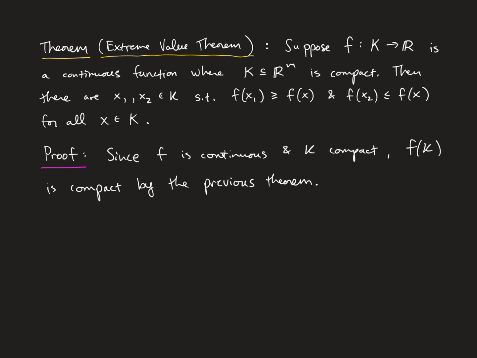Since f of K is compact, what that means in particular is that f of K is bounded, right? f of K can't extend to infinity and negative infinity. That seems like a relevant thing to notice for trying to produce a maximum and minimum. We need to know that the function doesn't extend infinitely far to the right and the left. So since f of K is compact, it is bounded.